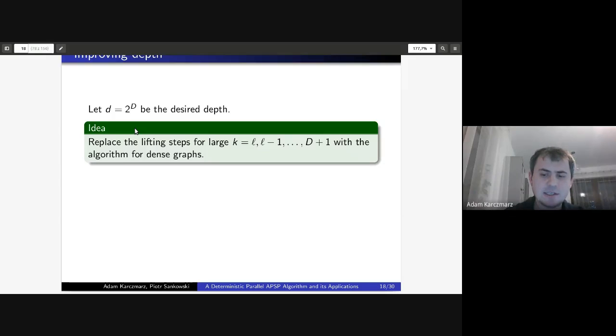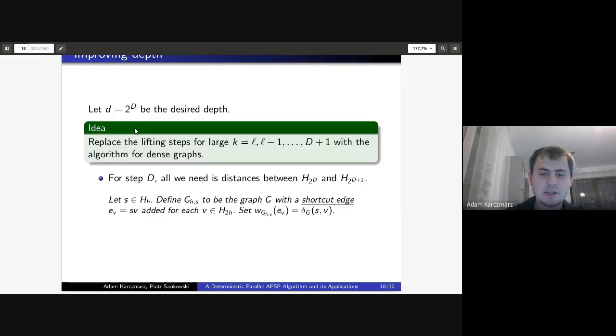To see that this is indeed possible, we need two simple observations. First, for step capital D, all we need is distances between the 2 to the D subset and the 2 to the D plus 1 subset to produce the shortcut edges. To see that, simply recall the definition. We did not actually use all the input distances. We only wanted to use distances between our current subset and the previous subset.